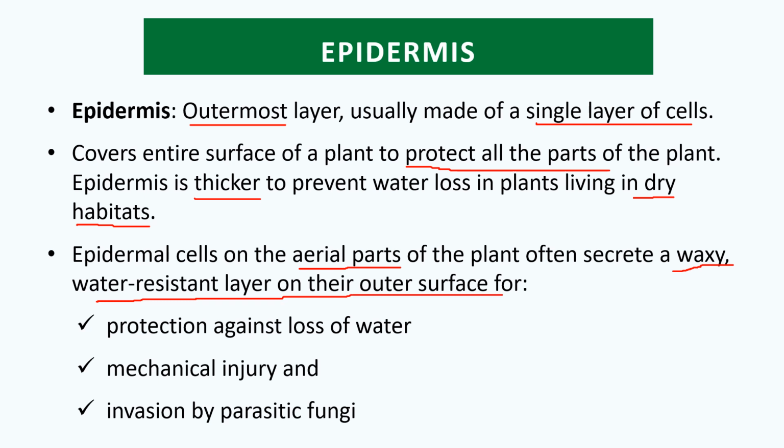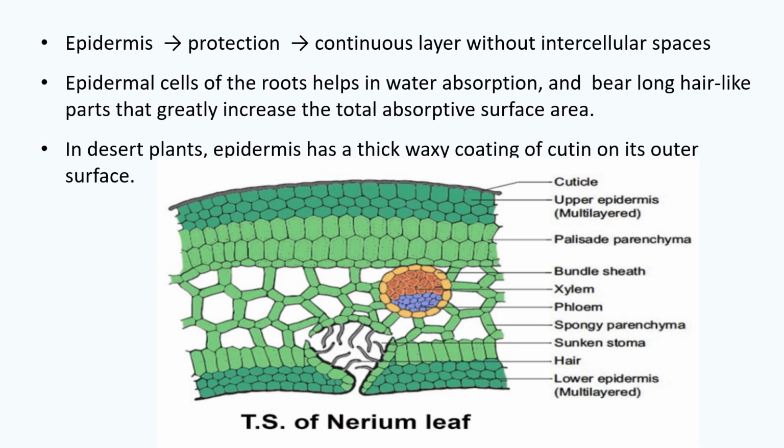So that it can protect against the loss of water, it can protect against the mechanical injury, और किसी parasitic fungi का invasion, किसी pathogen का अंदर entry उसको भी रोक सके। So epidermis helps in protection against the mechanical injury or against the invasion of any pathogen.